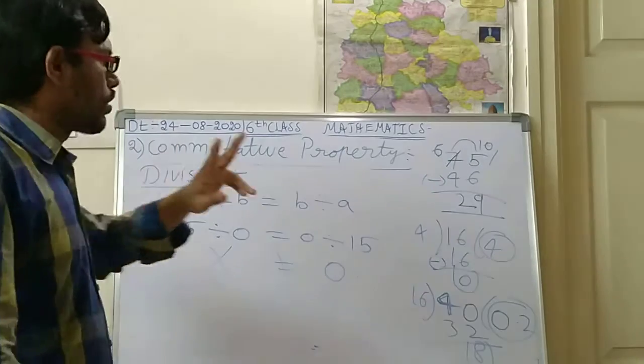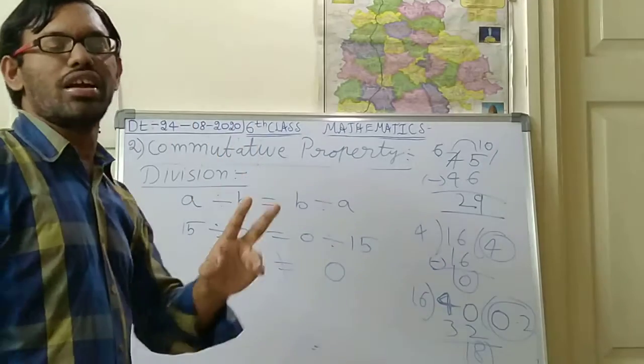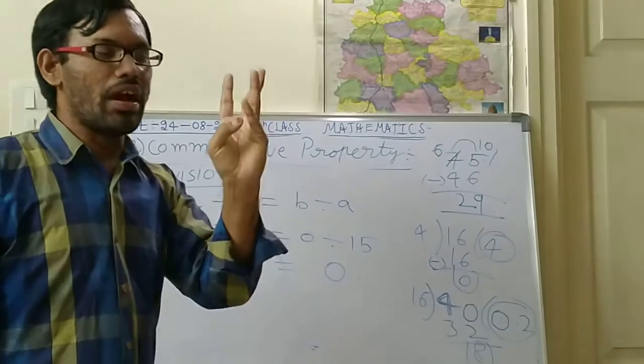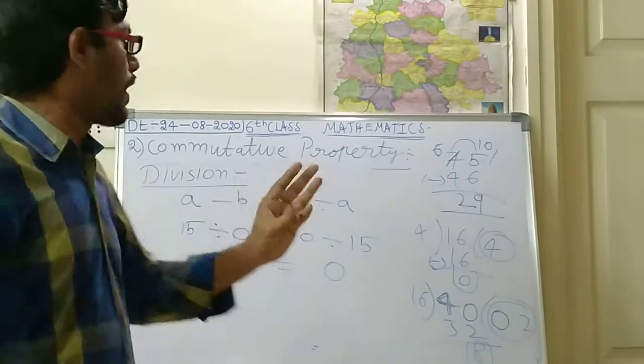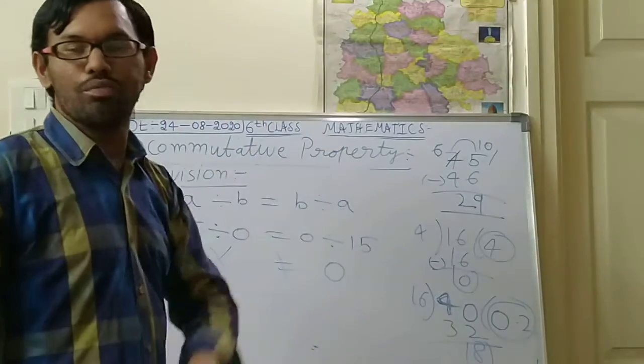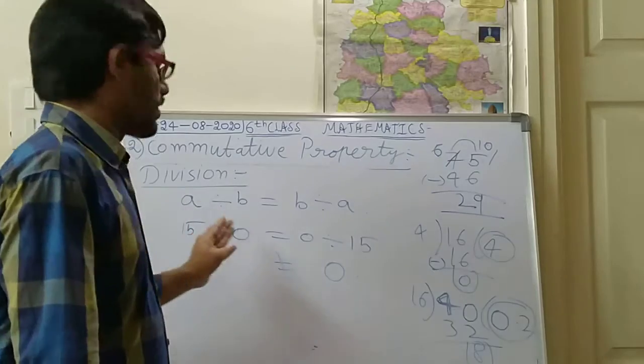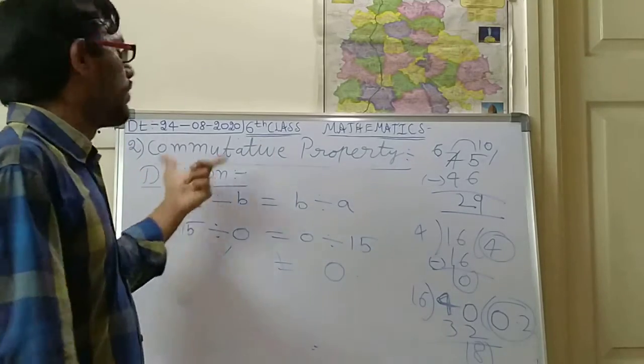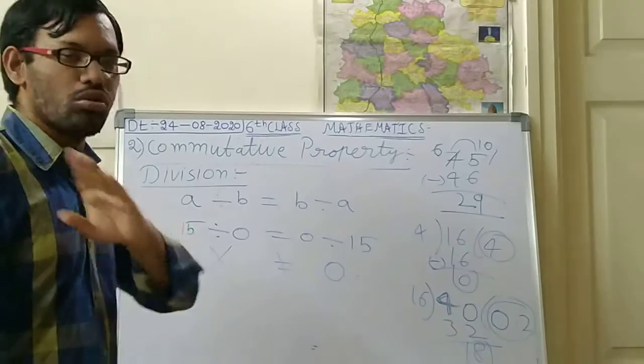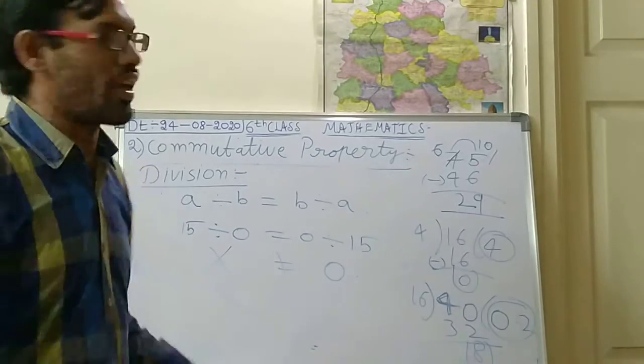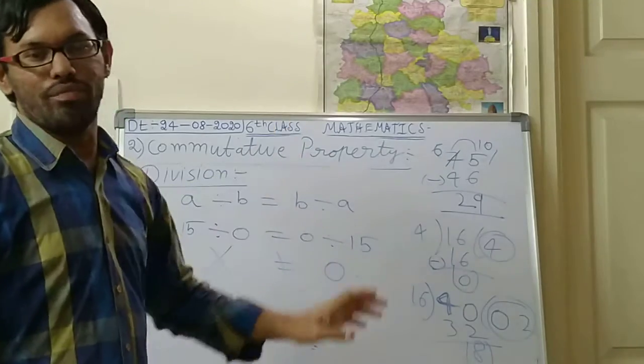So what are the two operations that are satisfying? Addition and multiplication satisfy the commutative property completely. But division and subtraction are not at all satisfying the commutative property.